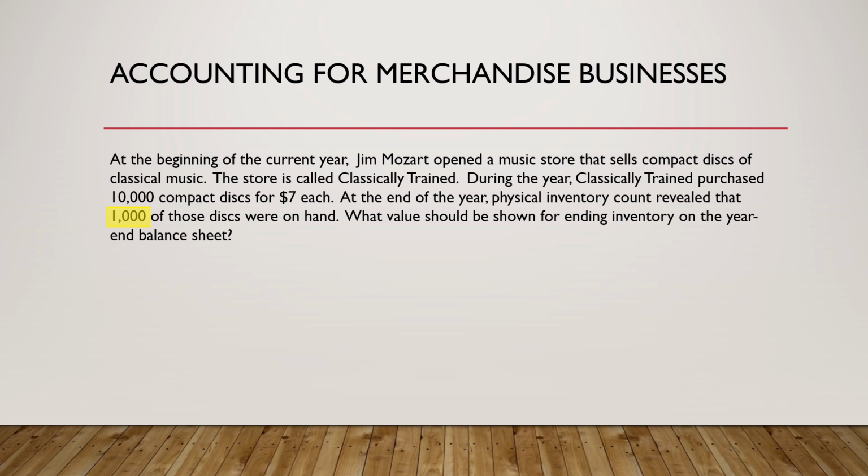We also know the cost per disc, $7 apiece. Getting the dollar value of that inventory is a simple matter of multiplying the units by the cost per unit. In this case, 1,000 units times $7 per unit, or $7,000, which is our ending inventory value.